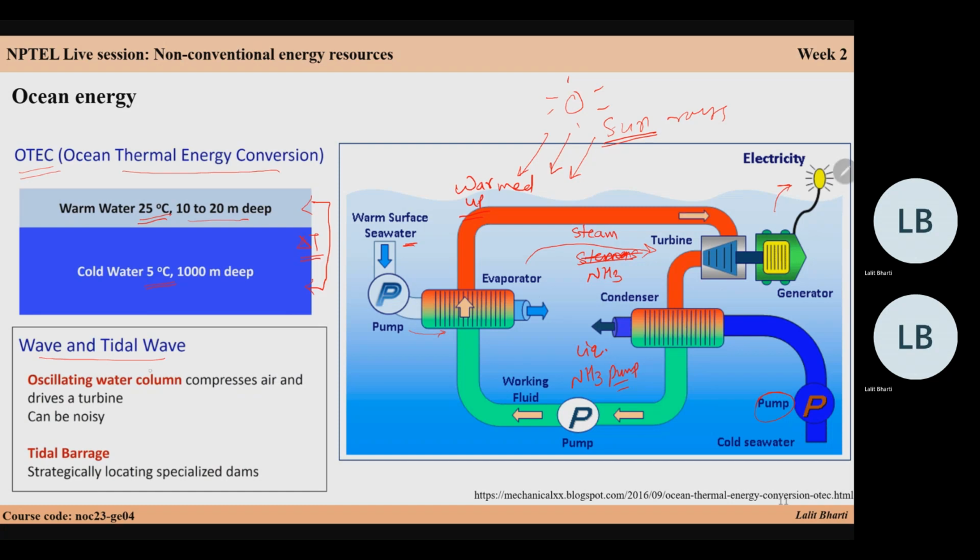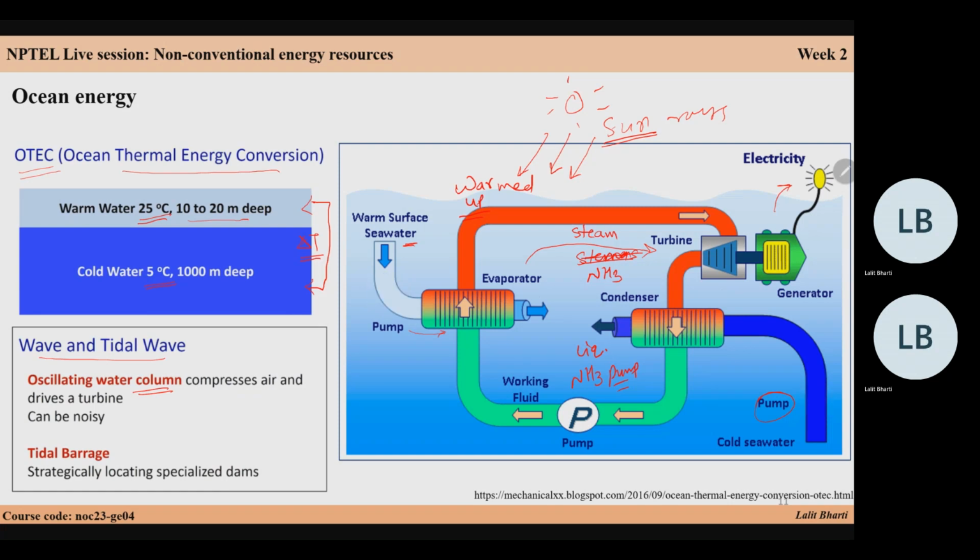Second is waves and tides. So basically, from the oscillating water columns, you use this physical or mechanical energy to compress air and drive turbines. And similarly, the tidal barrages are located on specialized dams.